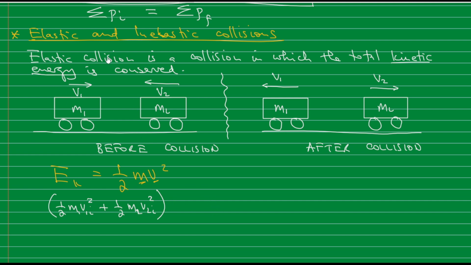According to elastic collision, the collision is described as elastic if this sum is equal to the total kinetic energy after collision, which is half m1 v1 final squared plus half m2 v2 final squared.